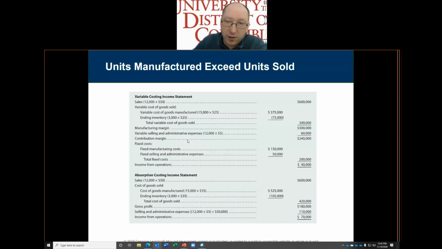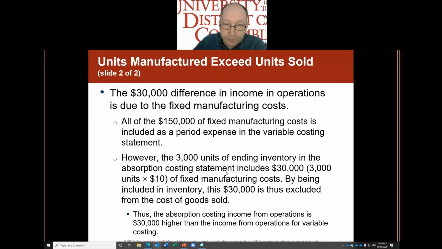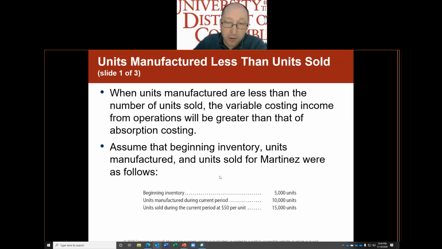Because under variable costing, we only recognize the fixed manufacturing overhead and the fixed selling administrative. However, in absorption, we recognize both together. So because of that, it creates this difference, right? And of course, the ending balance of inventory is treated differently under the two.